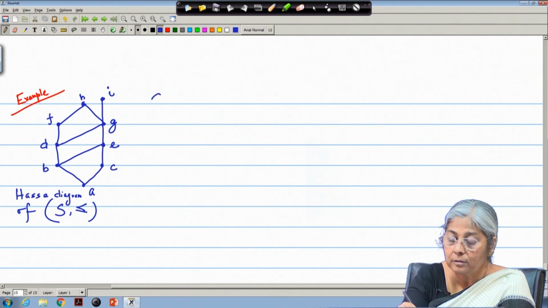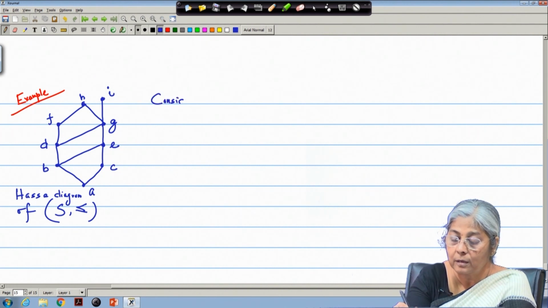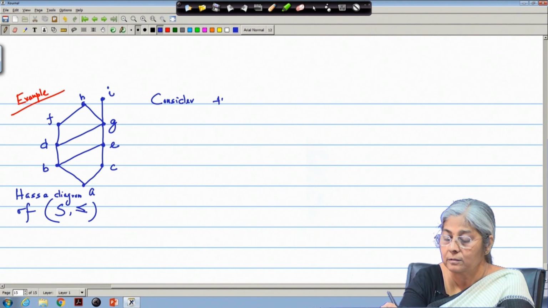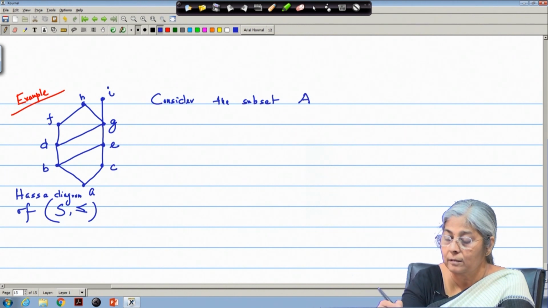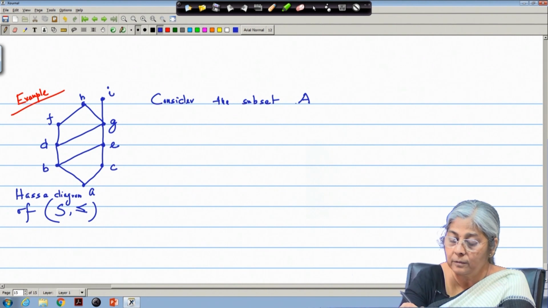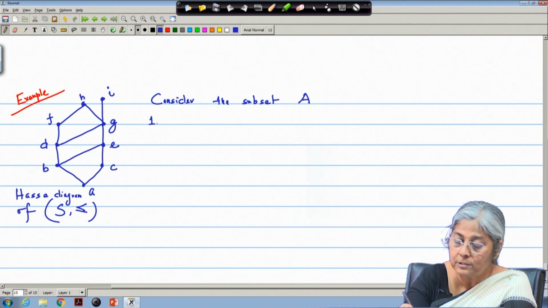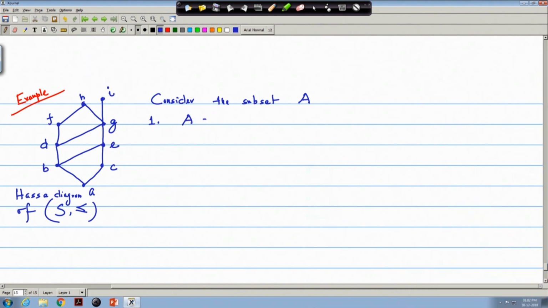Now, consider the subset A. We consider different subsets A. Say for the first case, I consider A equal to {A, B, C}, and we see what will be the upper bound.